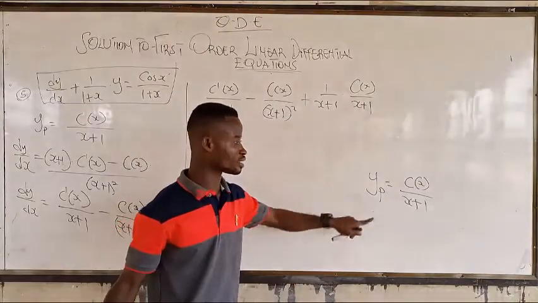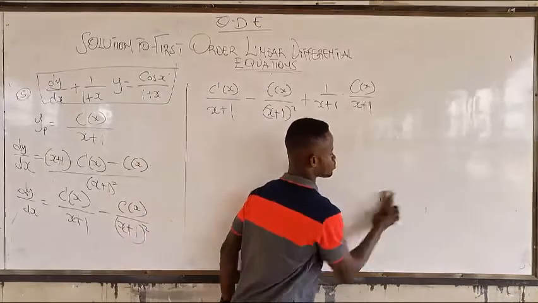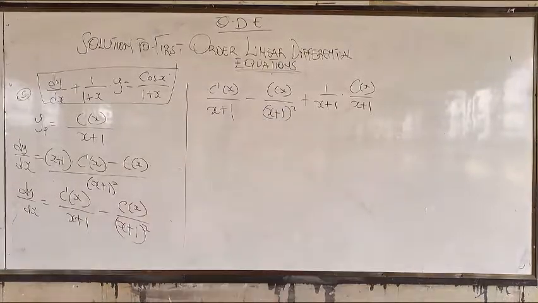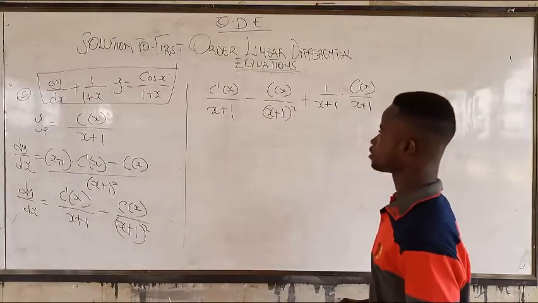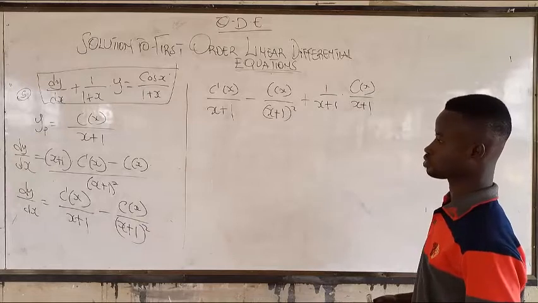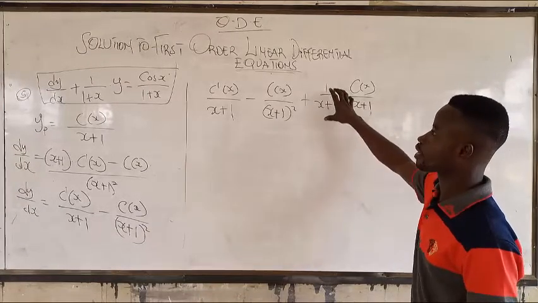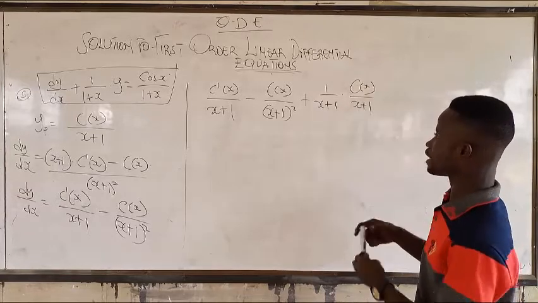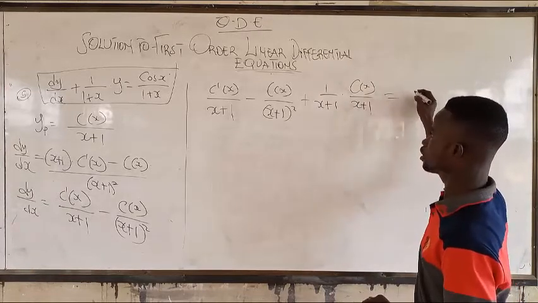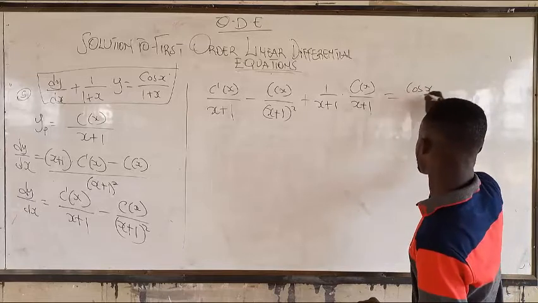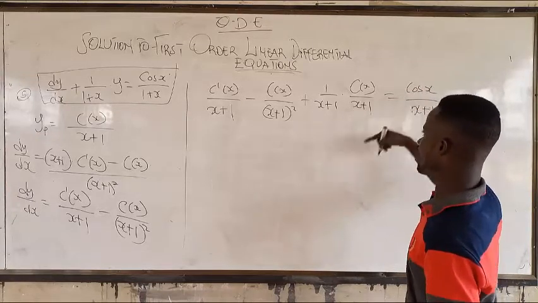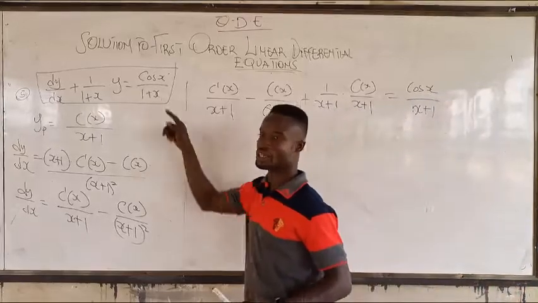Okay, 1 over x multiplied by y equals cos s over s plus 1. I would like to write it as s plus 1, okay?